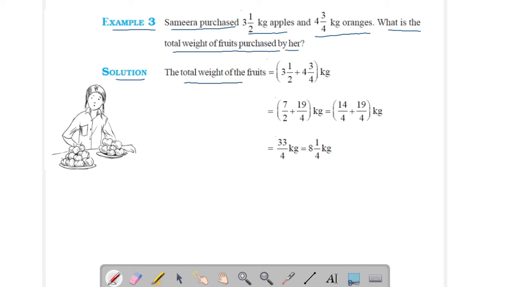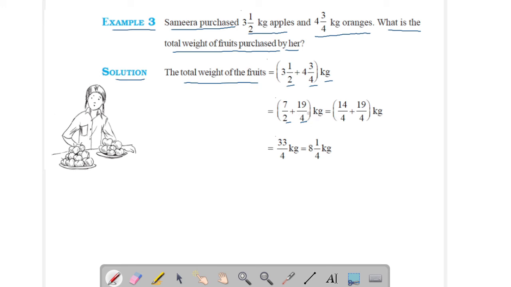The total weight of fruits equals the weight of apples plus oranges, that is 3 1 upon 2 plus 4 3 upon 4 kg. Convert 3 1 upon 2 into an improper fraction. 3 twos are 6, 6 plus 1 is 7. It will be 7 upon 2 plus, here 4 fours are 16, 16 plus 3 is 19. It will be 19 upon 4 kg.